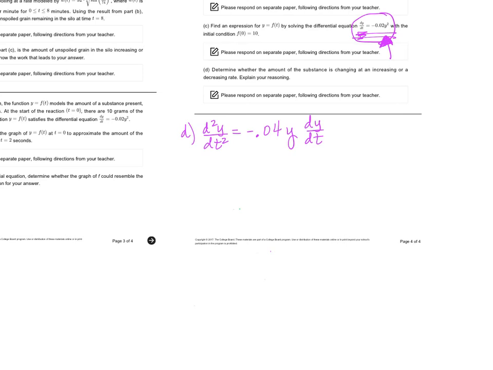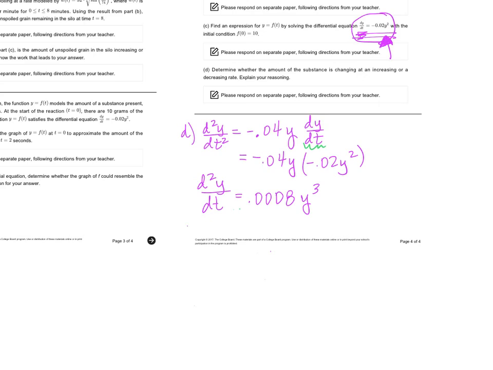So I take this and I plug in what dy dt is, which is negative 0.02 y squared. So for a final, I get negative 0.0008 y cubed. Now let's think about the sign of that.